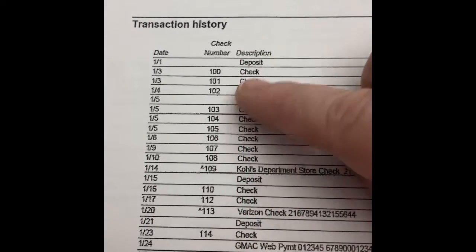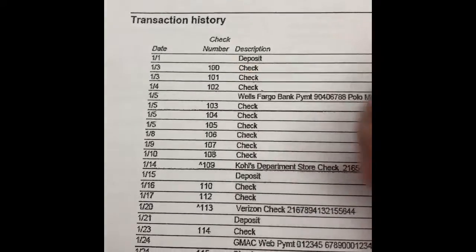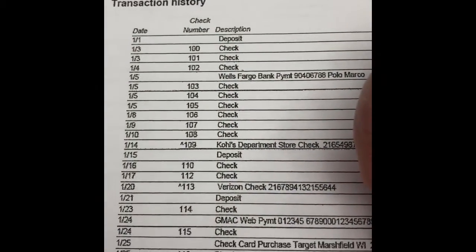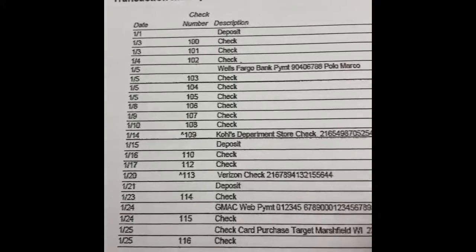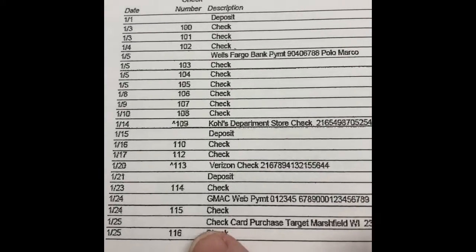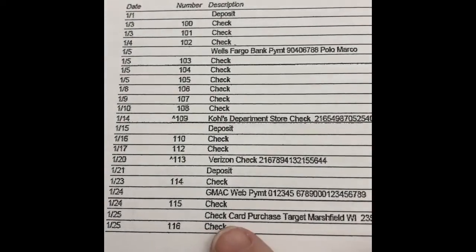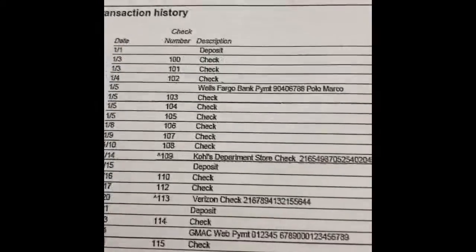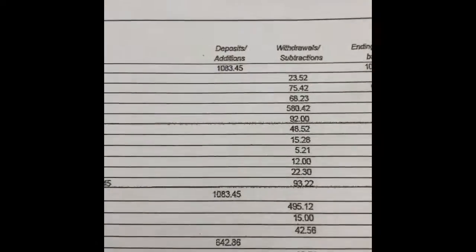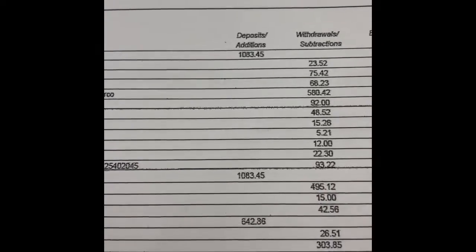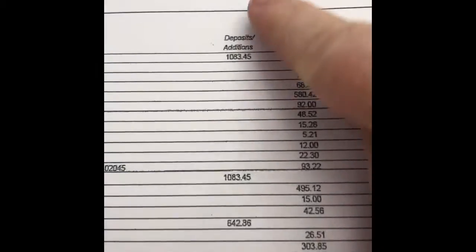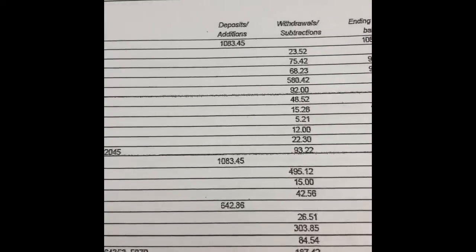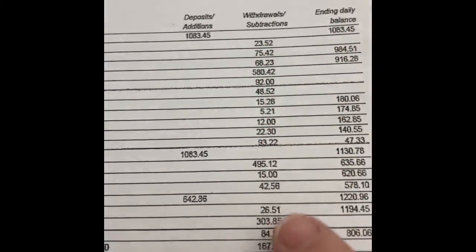If it was a deposit, you'll notice there's no number. If it was a check card, you'll notice that there's no number given there, and it actually says something like check card. Next column over is a description of what it is. Next column over is your deposits. So here's all of your deposits that were made throughout the month. Here's all of your withdrawals.